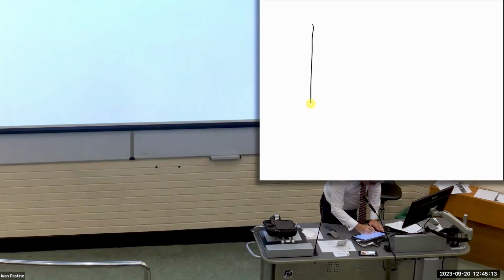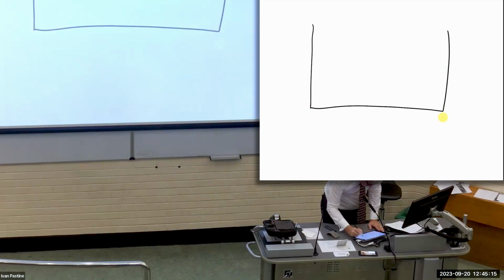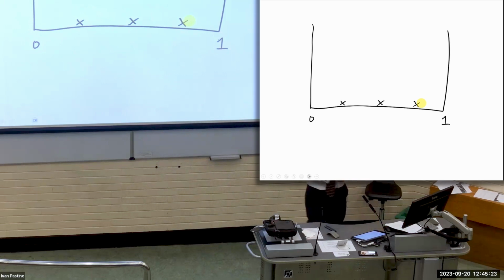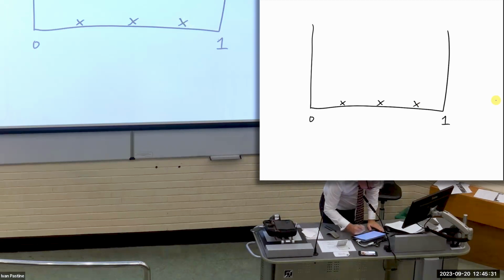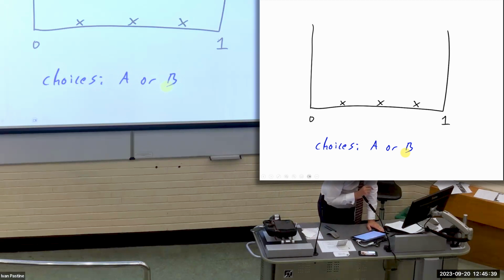I'm redrawing the same thing. 1, 0. I've got my 3 guys, which now I'll just do with x's. Those are my 3 guys with their ideal positions. And now we're going to have 2 things to vote over. The choices are A or B, and we're going to vote over these things.